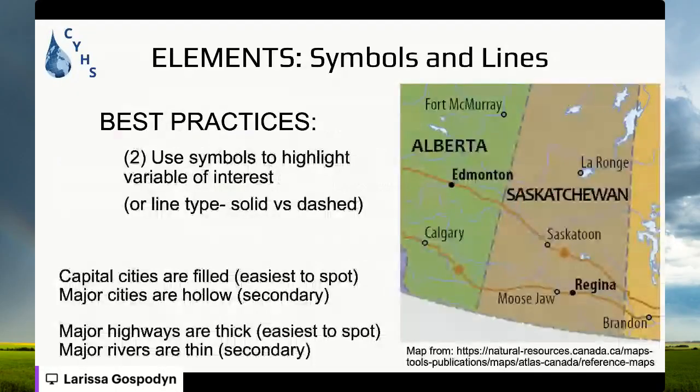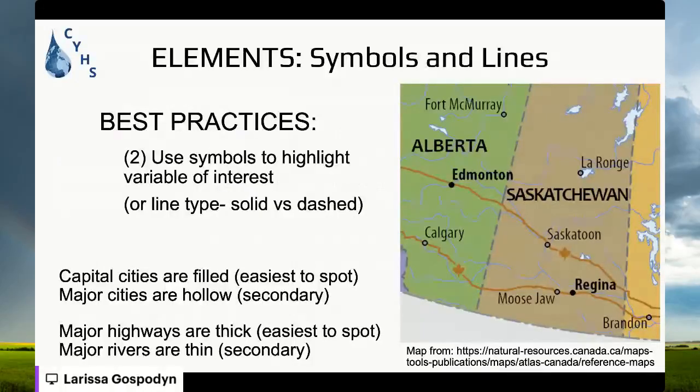You can also use symbols to highlight things. This comes back to your key messaging and what you really want to highlight. This is an example looking at Canada. It's a political map, and the purpose of the map was to show you cities and towns.